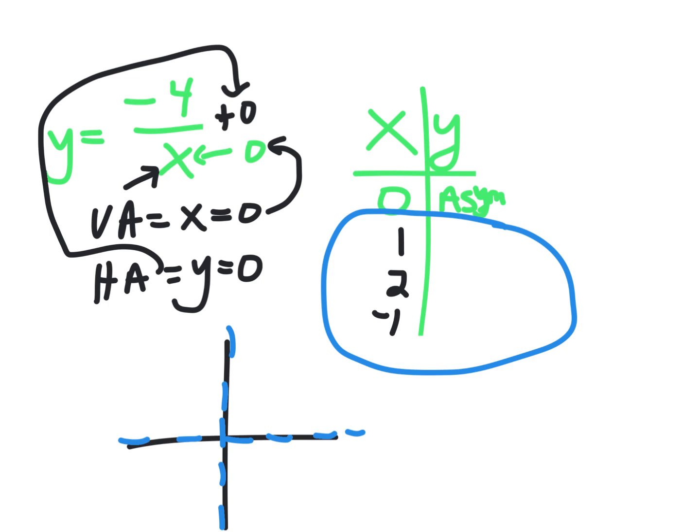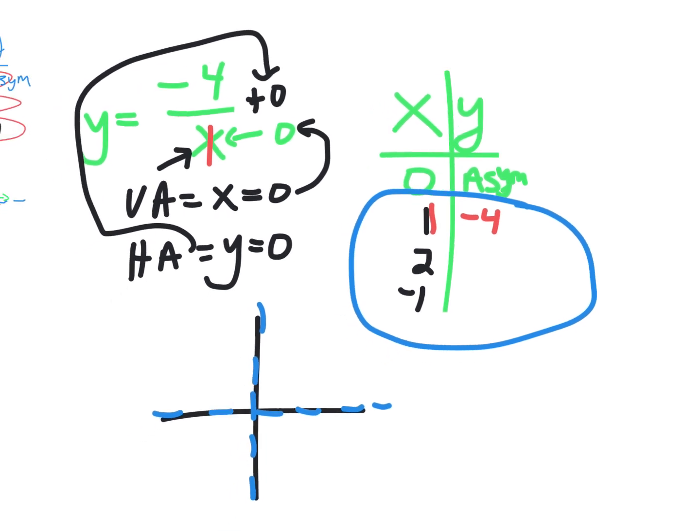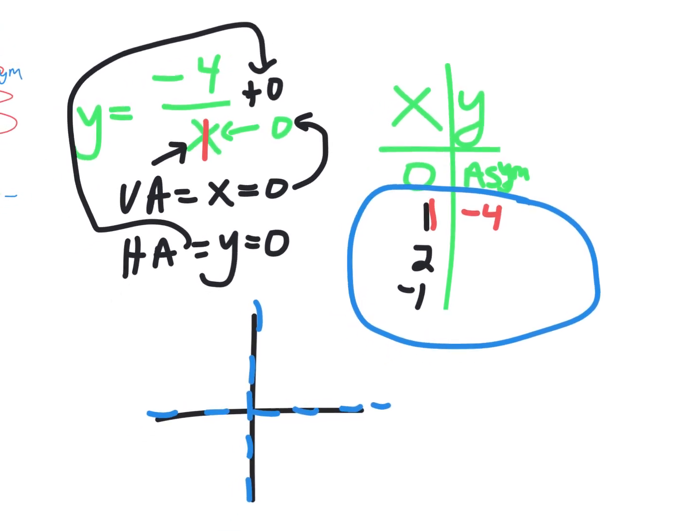All right, so I'm going to do this last point. If I stick a 1 in, I got -4 over 1 and down 4. There's a dot down here. And put in 2, and I get -2. Oh, so it's doing this.